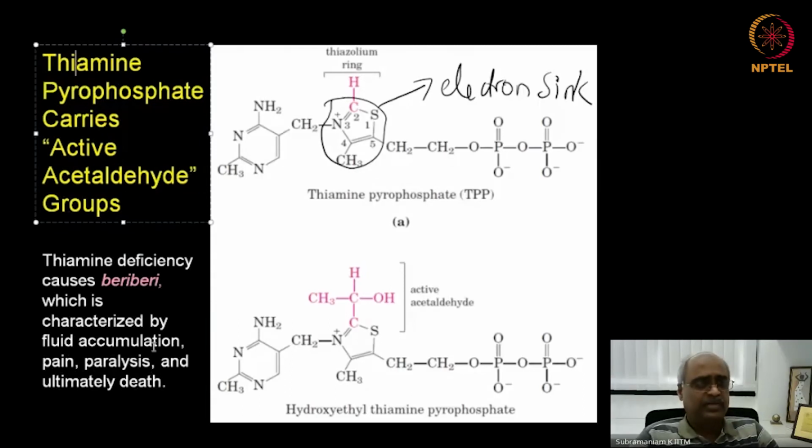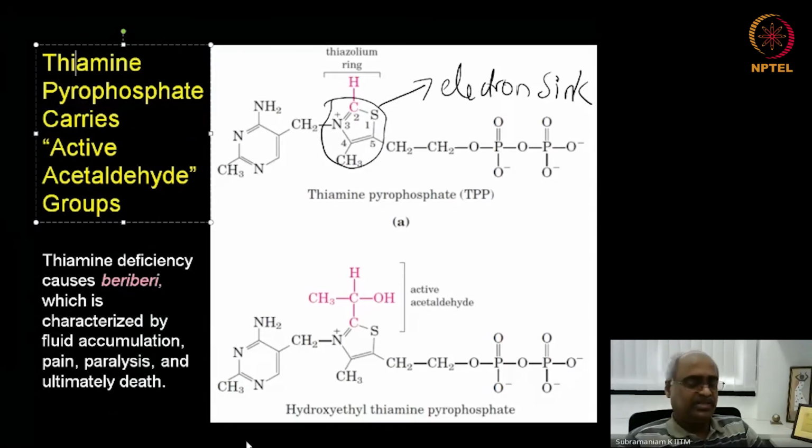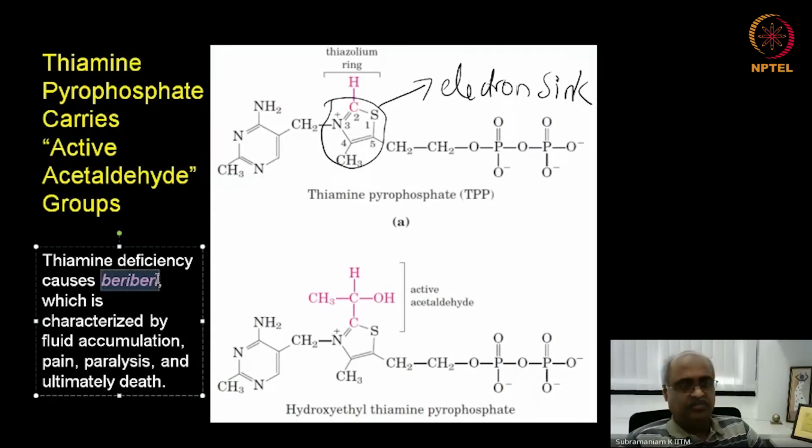B complex vitamins are available from a variety of plant sourced food, and that's one of the reasons why you need to eat a variety of vegetables in your diet. Having variety in the food helps fulfill the dietary requirements of all these vitamins. So normally you do not run a deficiency of these vitamins, but in malnutrition conditions that can happen, and that's how we are aware of a disease like beriberi.